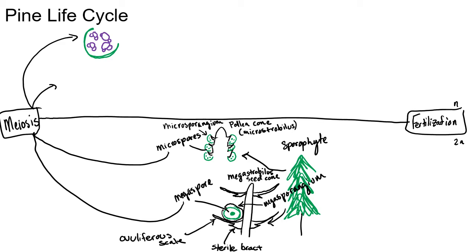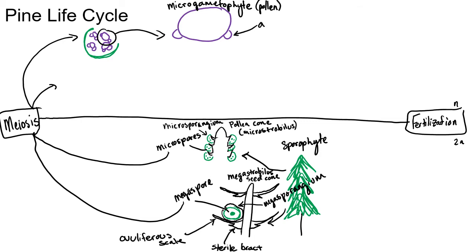So if we zoom in on one of those pollen grains, this is the microgametophyte, or the male gametophyte. And it has air sacs, which would be much larger than I've drawn them here.